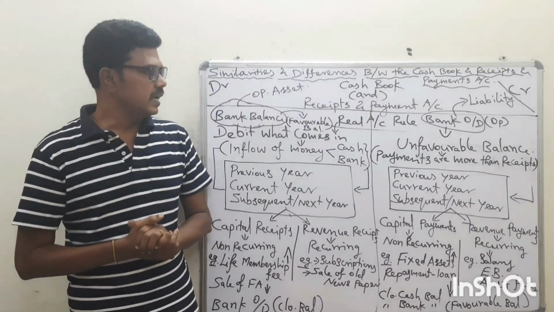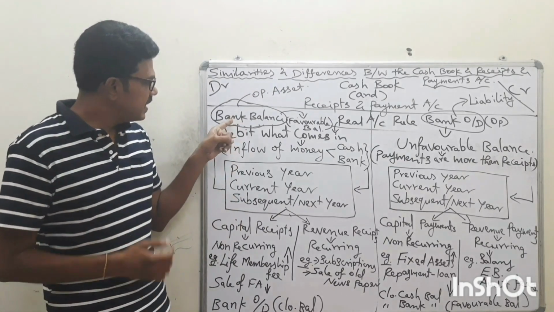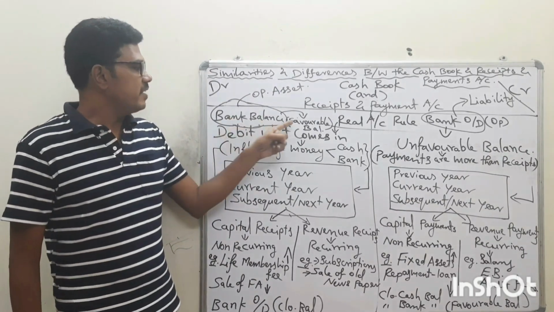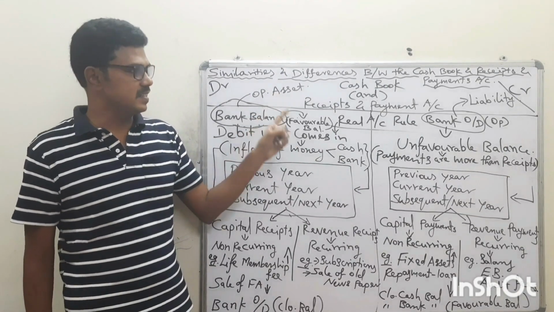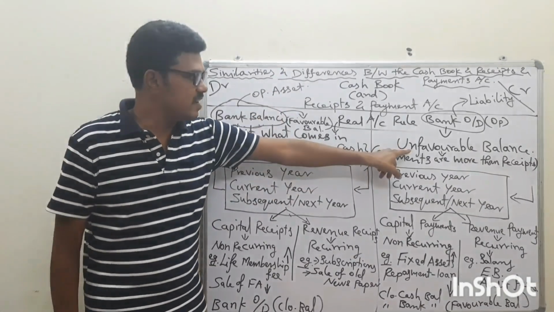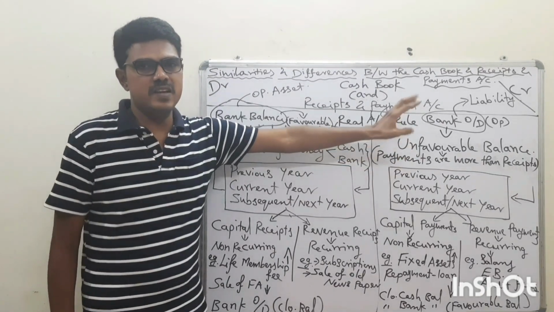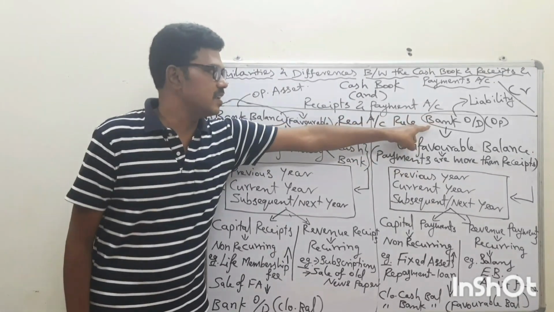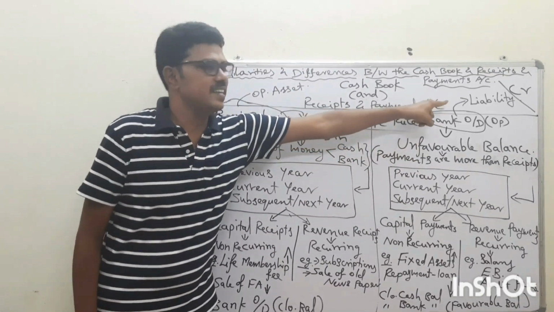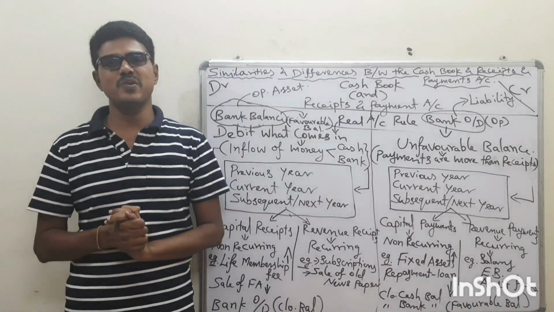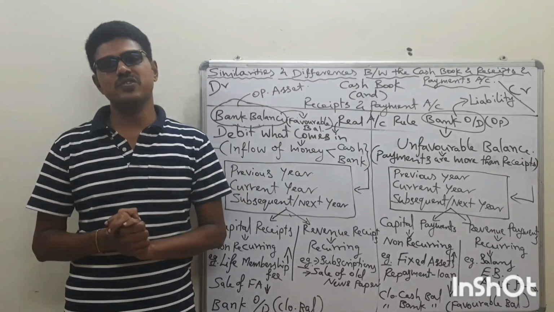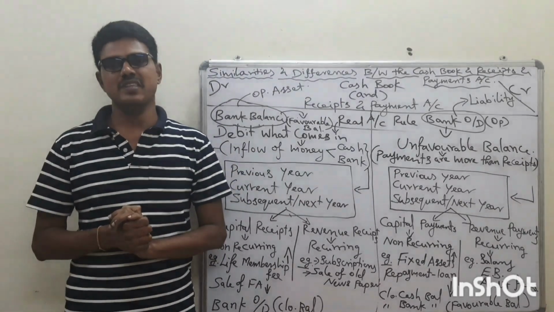When there is favorable balance in the bank account, it is an asset of the organization. When there is unfavorable balance in the same asset account, it is called bank overdraft, and it is a liability. I hope that you all would have understood clearly the twist I had posted in my previous shorts video.